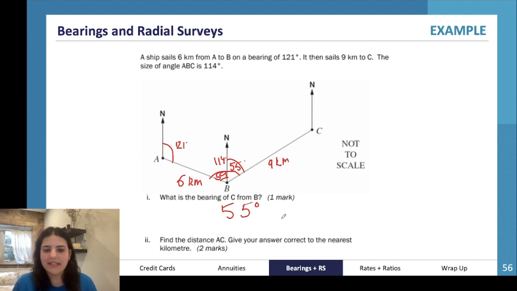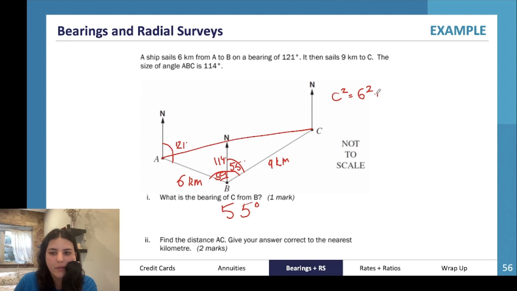Find the distance AC, so we're looking for this line. We can do our cosine rule here. So C squared is equal to A squared plus B squared minus 2 times A times B times cos C, which is 114.